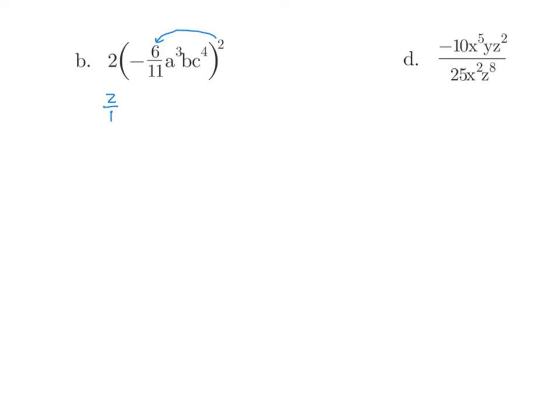We get the square of negative 6 is 36 over 11 squared is 121. This will be positive because remember, when you square a number, it's always going to be positive. All right, if we apply it to the other ones, we get a cubed squared is a to the 6th. b squared is b squared. And c to the 4th squared is c to the 8th.